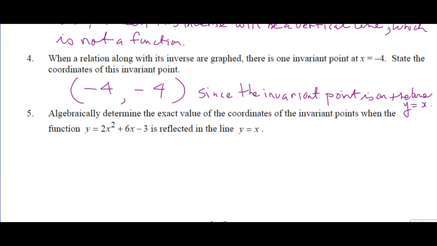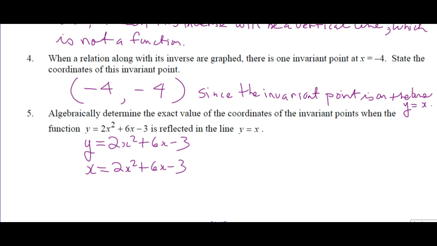So what do we know about y? It's equal to x. So if y is equal to x, let's write x is equal to 2x squared plus 6x minus 3.